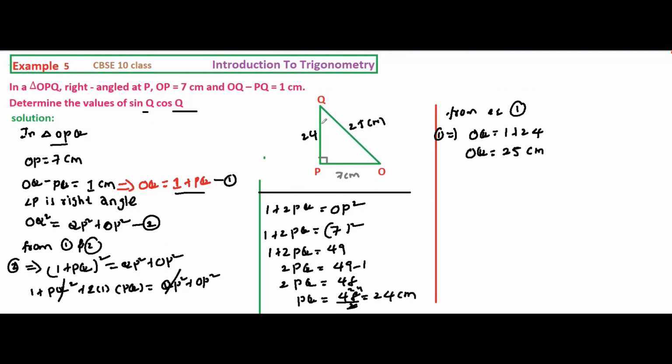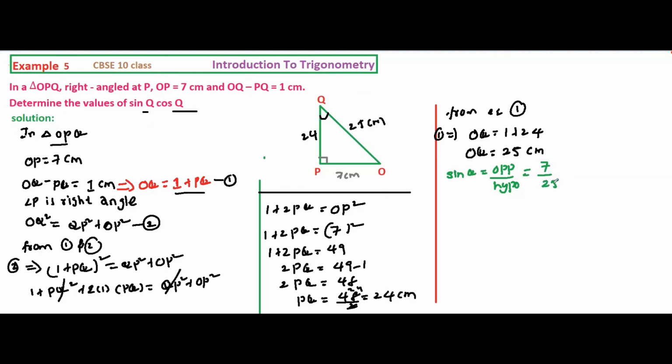So now can we find sin Q and cos Q? Yes, we can. Here it is the Q, and first find the sin Q value. Sin Q equals opposite by hypotenuse. Opposite value is 7, hypotenuse is 25.